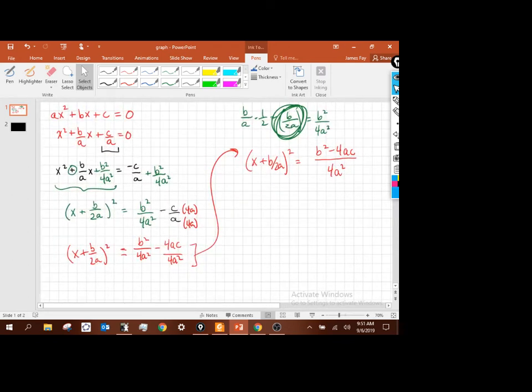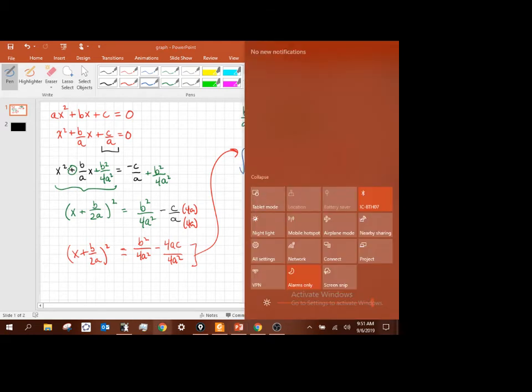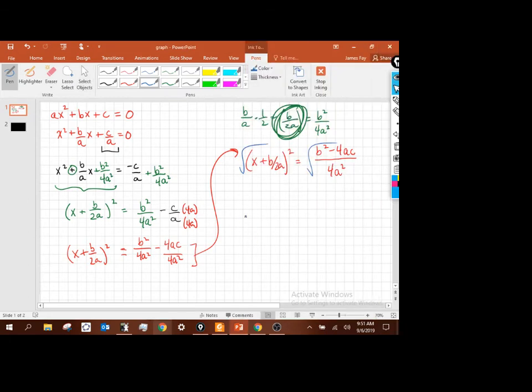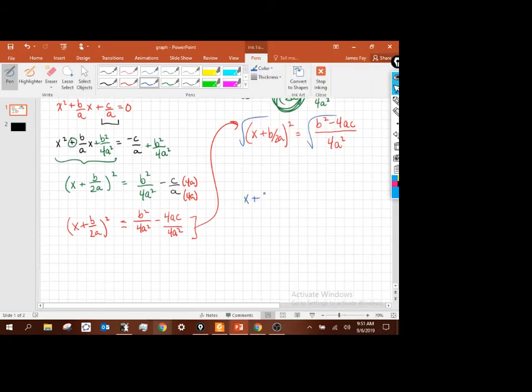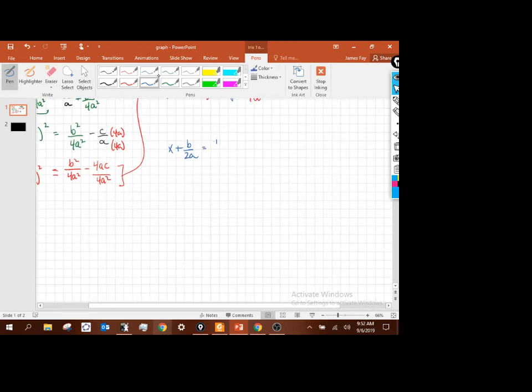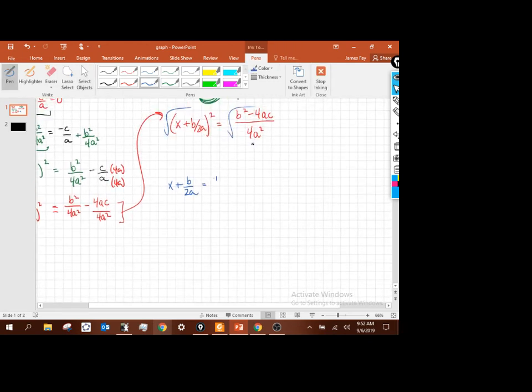Square root. Square root there, square root here. So I'm going to get x plus b over 2a is equal to plus or minus... Okay, now when I take the square root of a fraction, can I put the numerator in its own root and the denominator in its own root?